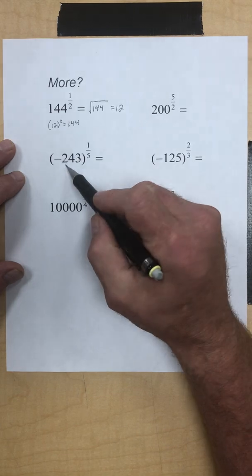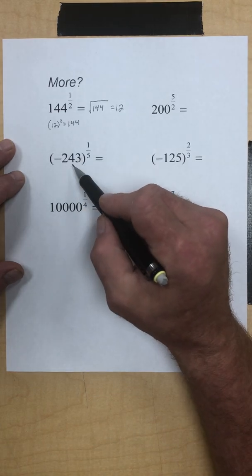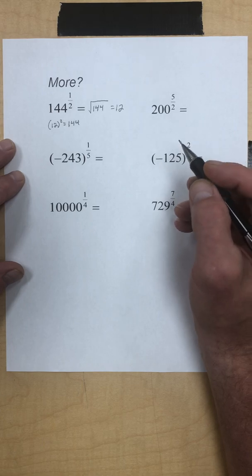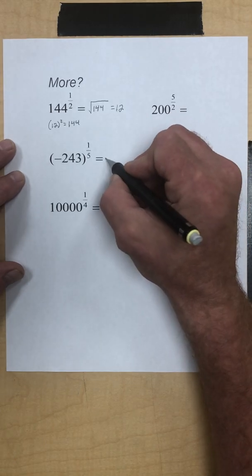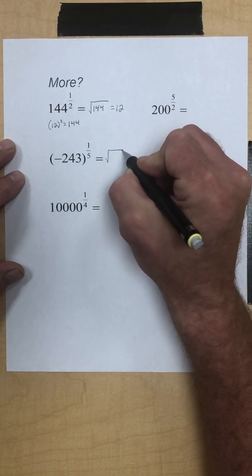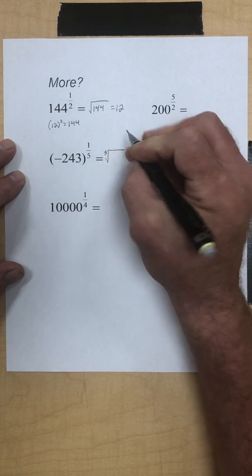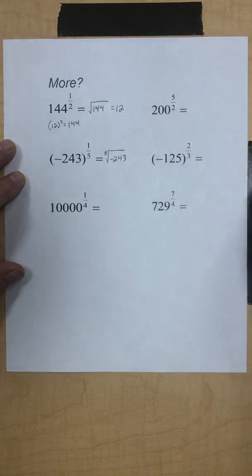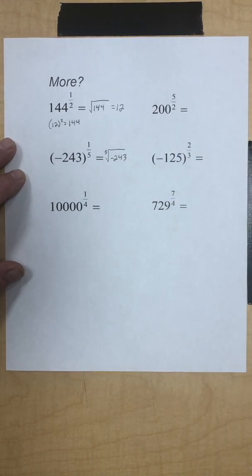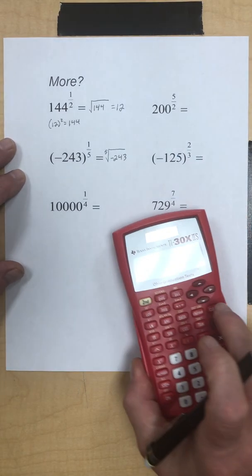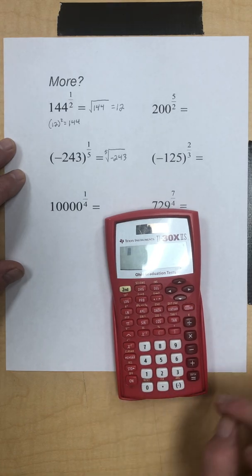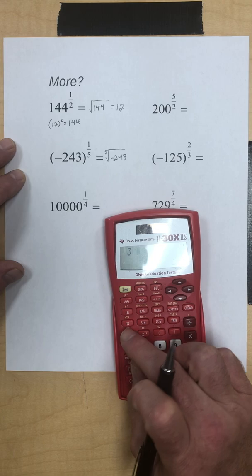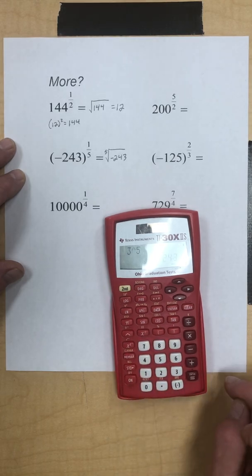Second one down there. Well, notice it's a negative number. But it is an odd root, so we can take the odd root of a negative number. So this means the 5th root of negative 243. Now if I remember right, 243 is a perfect 5th power. 3 to the 5th is 243.